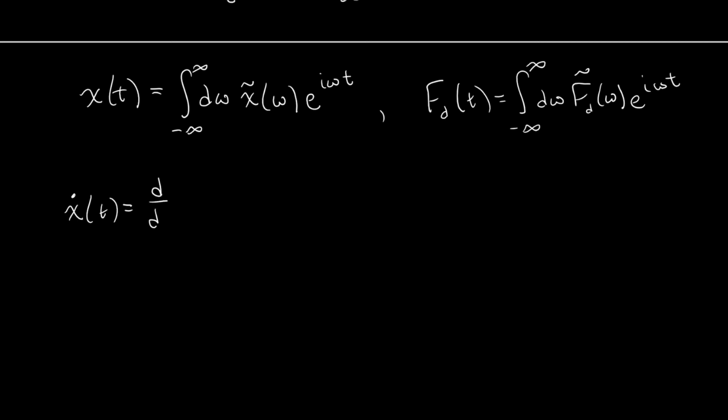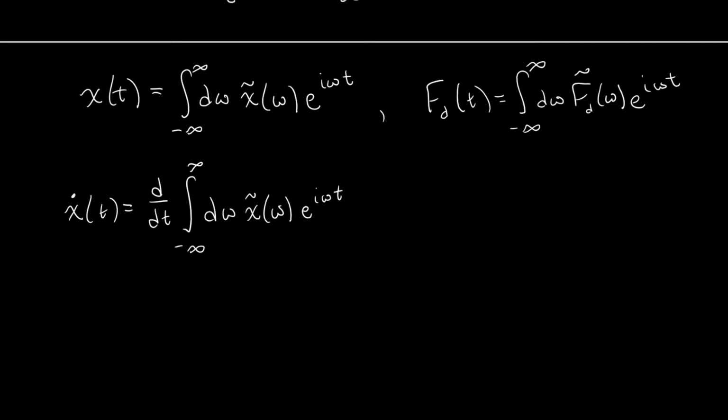This is just the time derivative of this integral, d omega x tilde of omega e to the i omega t. So this integral only ever sees omega. It couldn't care less about t, right? It's only going to act on omega.